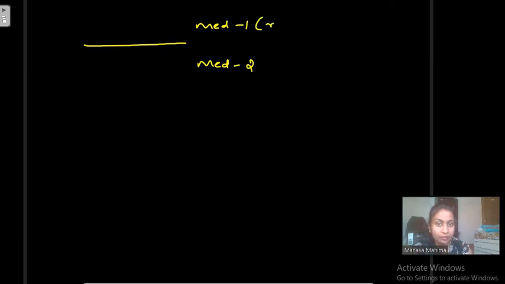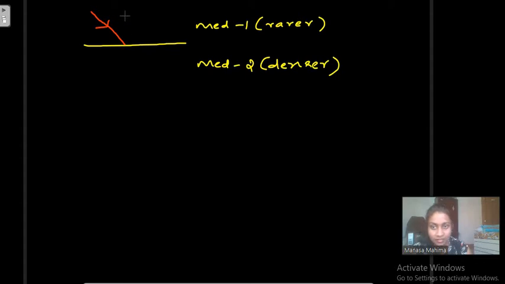I will consider medium 1 as a rarer medium and medium 2 as a denser medium. I will take an incident ray falling on the boundary that separates medium 1 and medium 2.